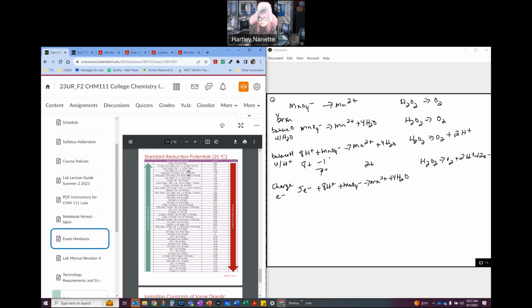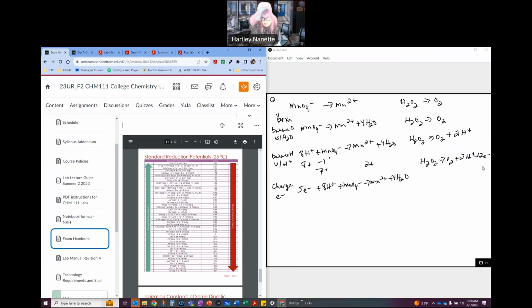So I know I balanced that one correctly. Now, I don't actually see the other half reaction in these, and that's fine. It's not always present, so we can't always use that trick. But I do know that I have 2 hydrogens here, 2 hydrogens here, 2 oxygens here, 2 oxygens here, 0 net charge, 0 net charge. So I know that's balanced.